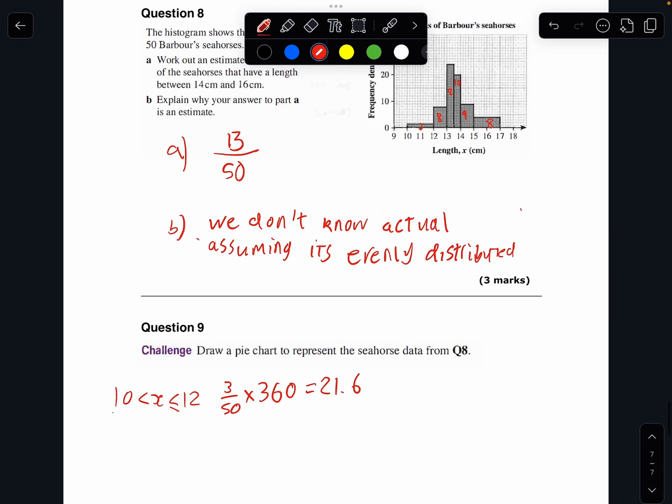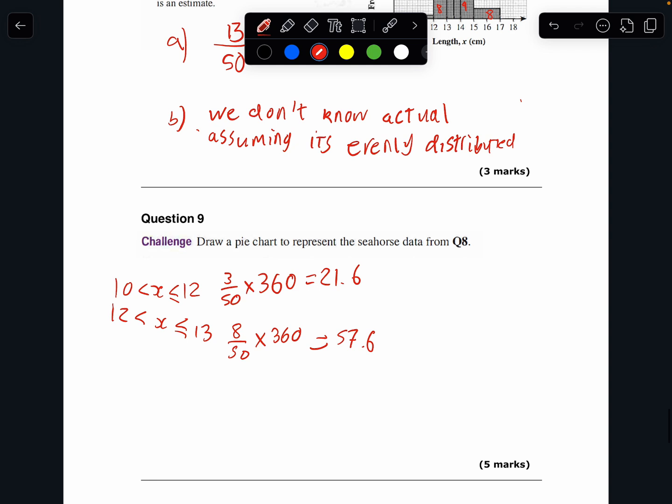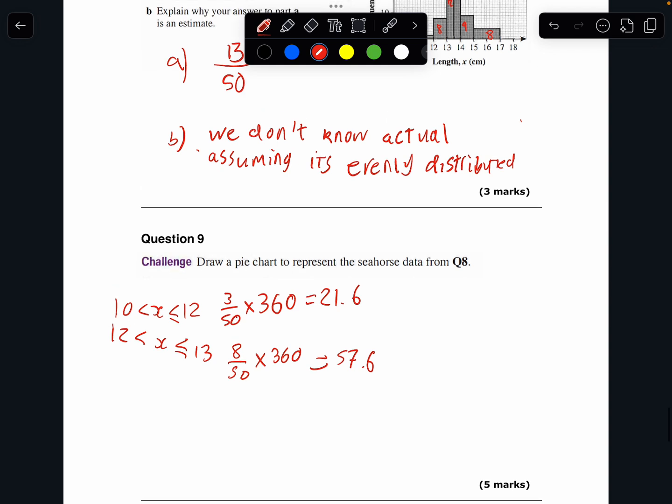For 12 to 13, we're working out the angles here, obviously. We're doing 8 over 50 times 360. 8 over 50 times 360, that's 57.6. So on and so forth. I'm not going to write all the calculations anymore.